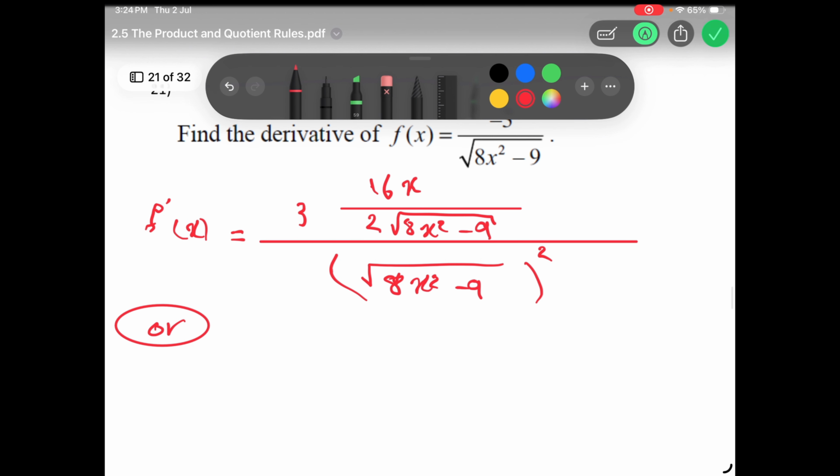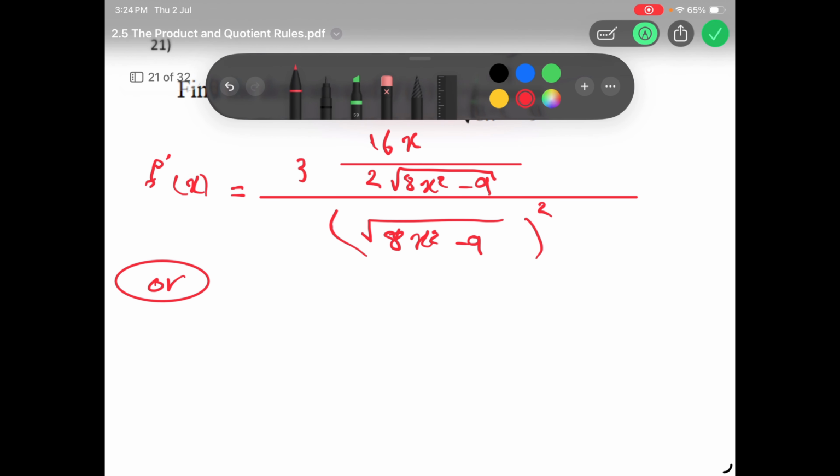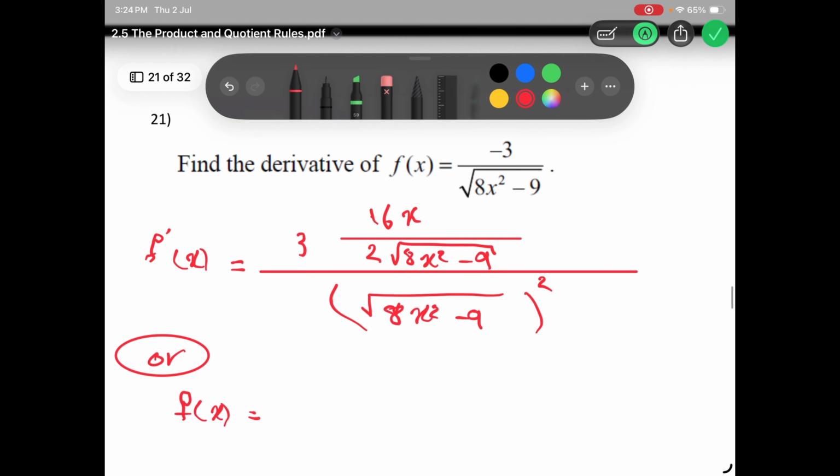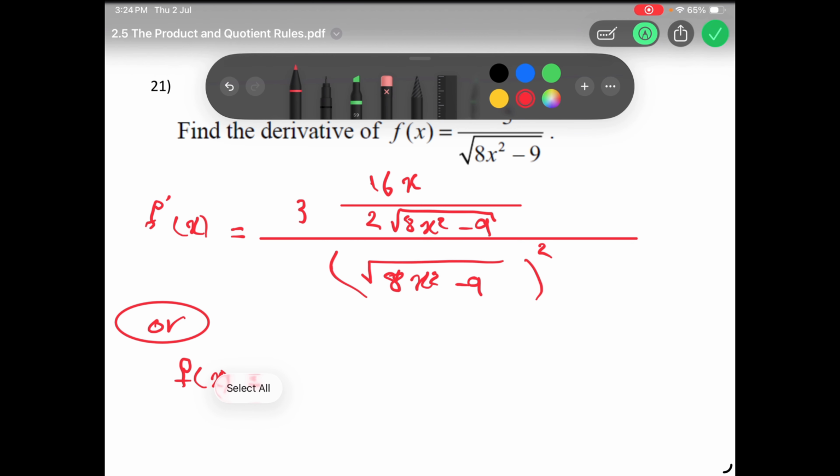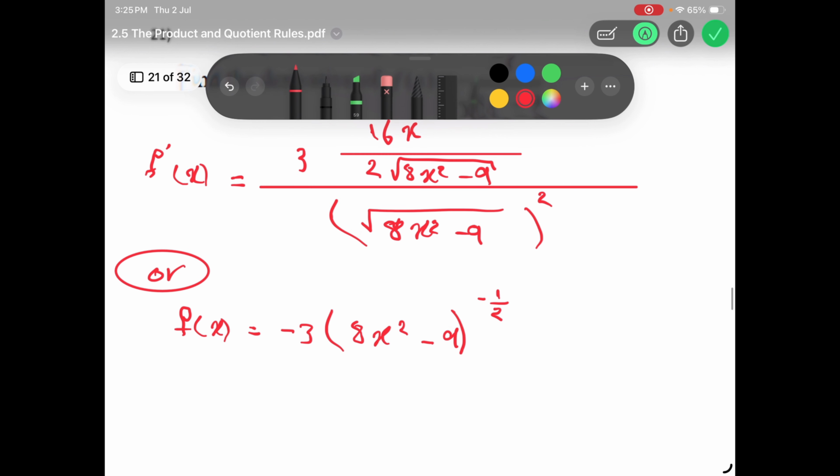I can rewrite this as a composition of two functions. I will change this radical to a rational exponent, so I can express f of x, not f prime, f of x, like this: minus 3 times (8x squared minus 9) to the power of minus 1 over 2. Why is that? Because the radical in the denominator is 1 over 2, and when we move it to the top, it becomes minus 1 over 2.